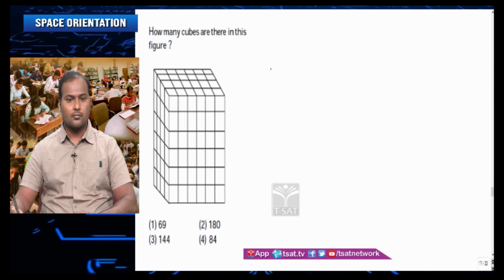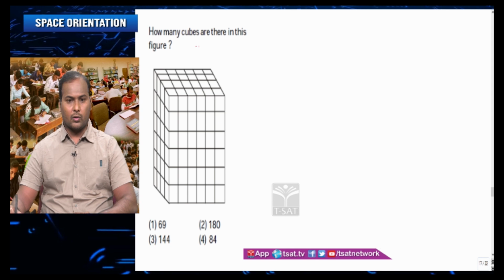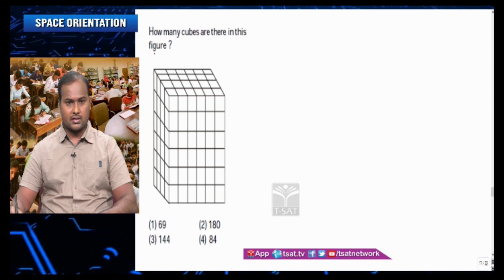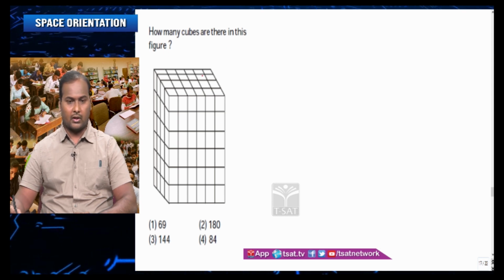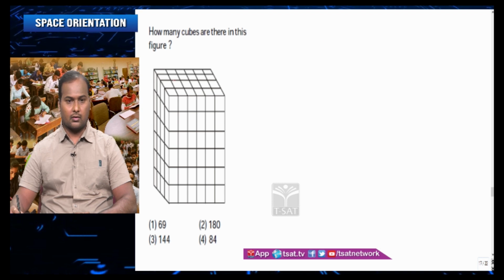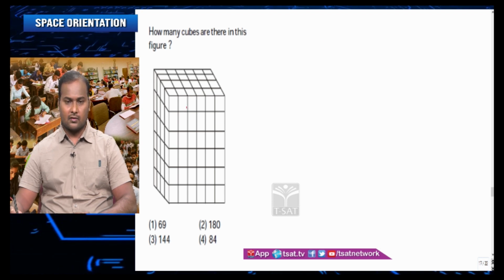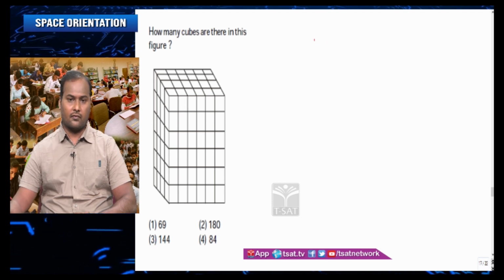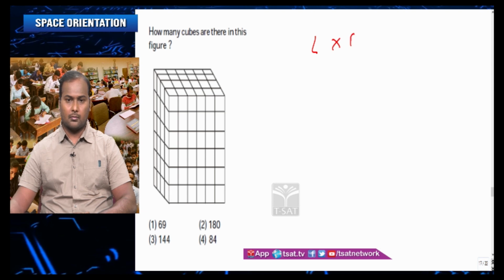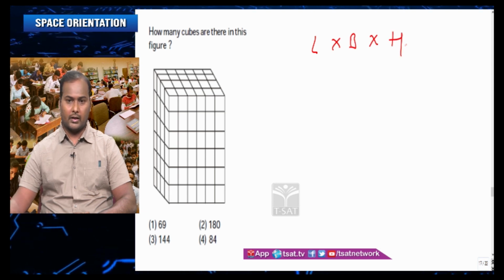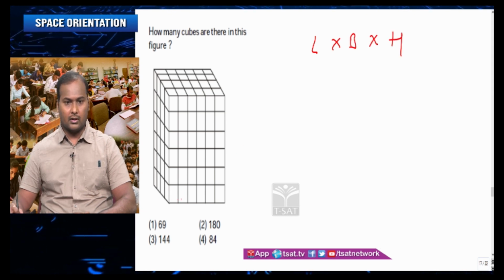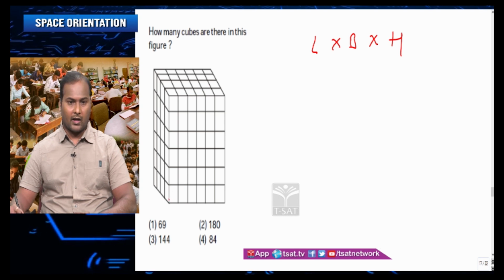Next question. See here. How many cubes are there in this figure? He is asking how many cubes are there in this particular figure. So we need to take this as a cube, which is a 3-dimensional figure. Whenever we have a 3-dimensional figure, we have length, breadth and height. So first we calculate how many length, how many breadth and how many height.